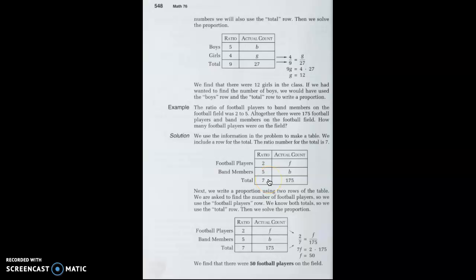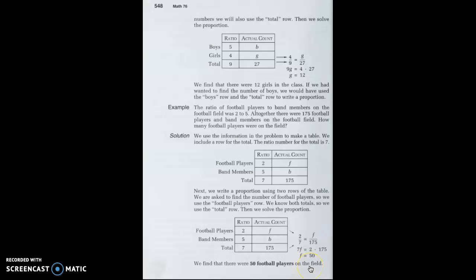We're going to use that ratio to set up another ratio, which is the unknown amount of football players over 175, because that's the total. So your ratio is going to look like this down here, and then we're going to cross multiply 2 times 175 and 7 times f, and you're going to get f is equal to 50. There were 50 football players on the field.